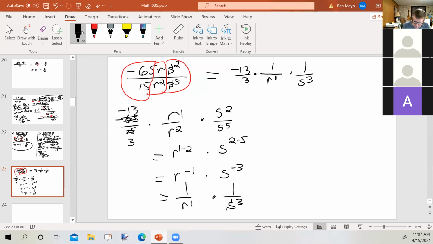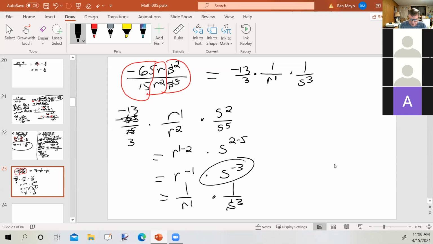Yes. And the reason why we're switching it, since you did s, is it the 2nd power minus the 5th power, you get a negative 3. Yes. So on the bottom, you said it would be a 1 over s cubed. Why did we flip that? Was it because we can't have a negative on the denominator? Right here, that's still in the numerator.